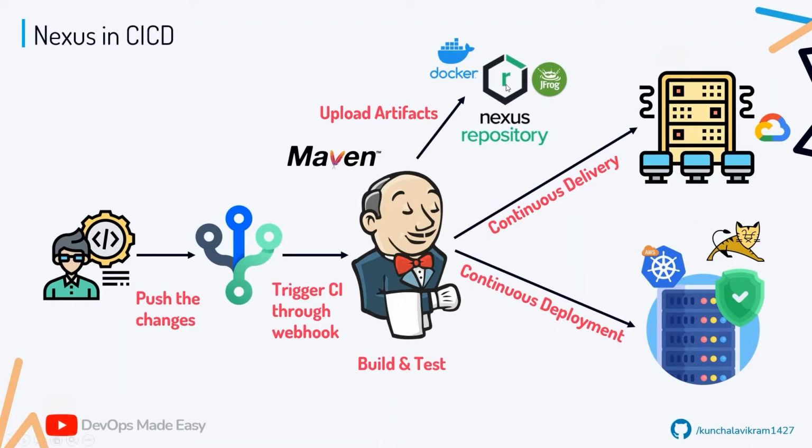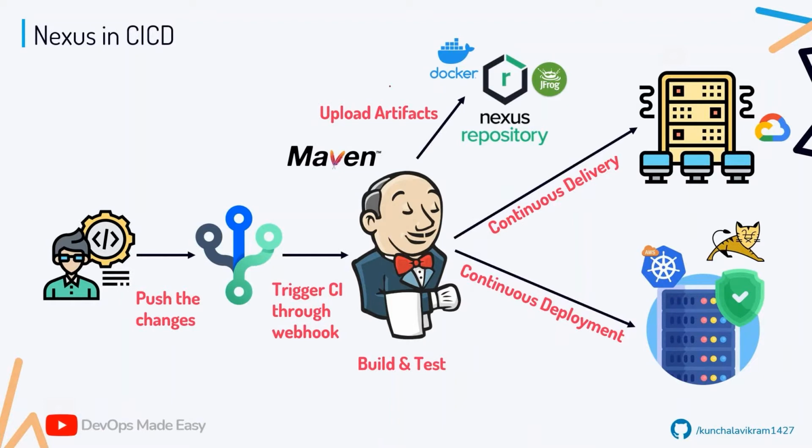Now once Jenkins builds and generates the artifact, the first thing we need to do is push that artifact to any of the repository stores. Okay, so if it is a generic artifact store like Nexus or JFrog, it supports all the artifacts including Docker images. But if your artifacts are only Docker images and you're not into using any other artifacts, then instead of setting up Nexus, you can set up any of the container repositories, right?